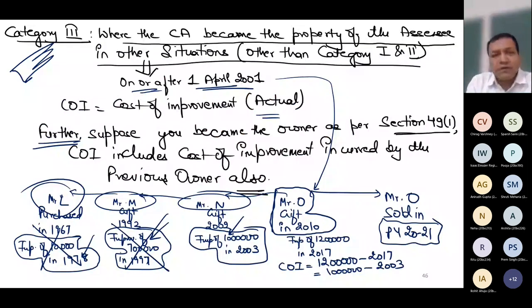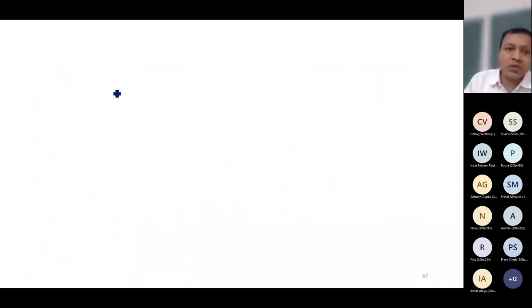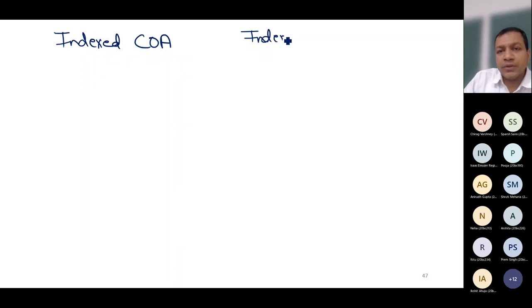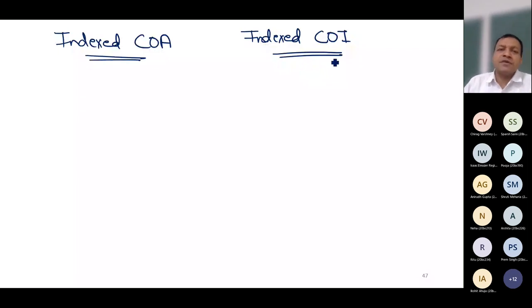So with this, I have covered the concept of cost of improvement also. Now what is left in this topic is indexed cost of acquisition and indexed cost of improvement. The moment we complete those, almost the technical portion of the chapter will be over. Then we have to simply practice some questions.